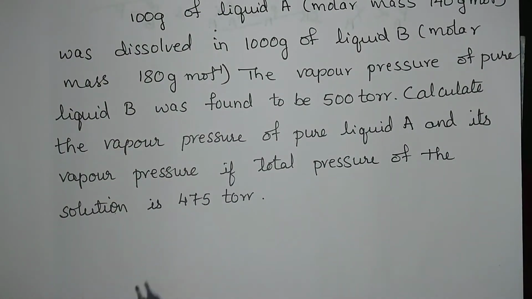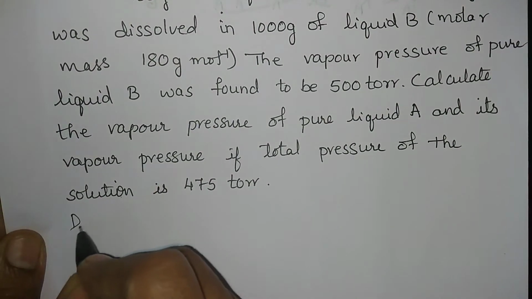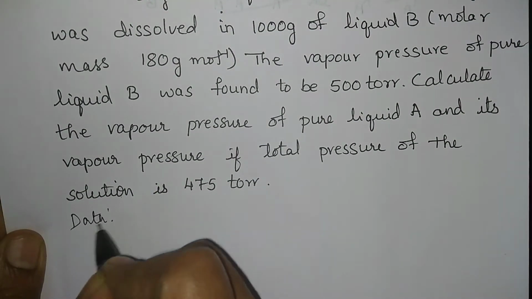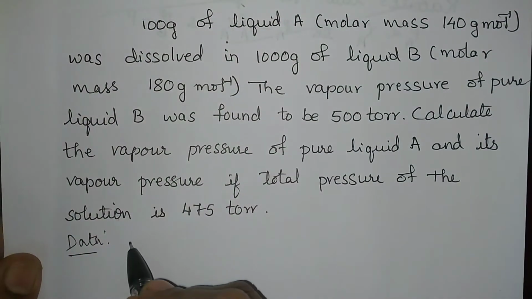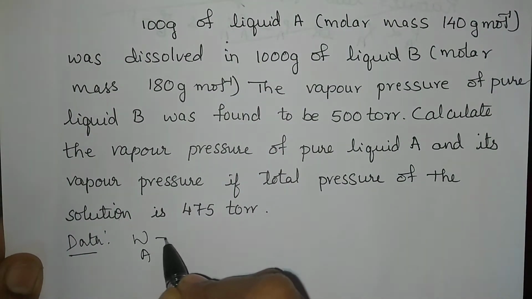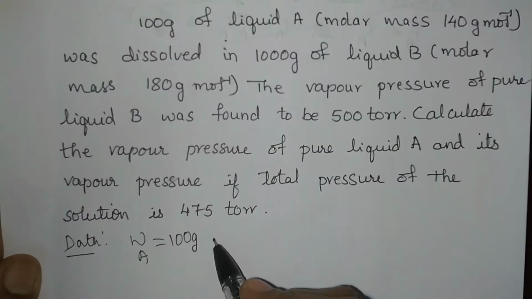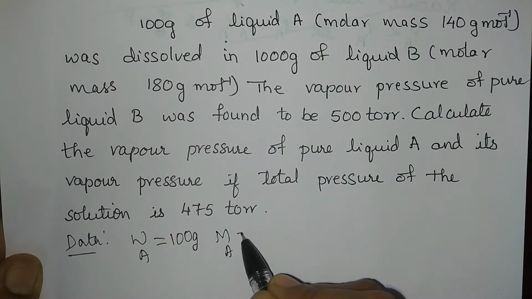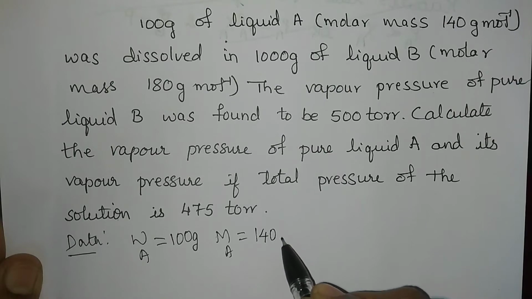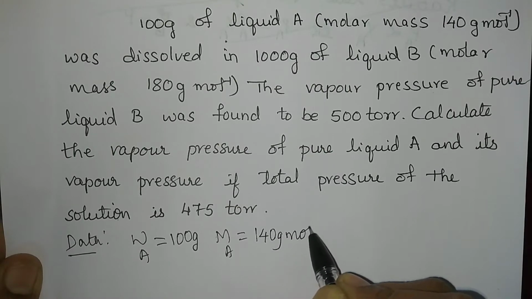Before that we will note down whatever they have given. So let us write the data. What do they give here? 100 gram of liquid A, the mass of A is given, that is equal to 100 gram, and the molar mass of A is 140 gram per mole.